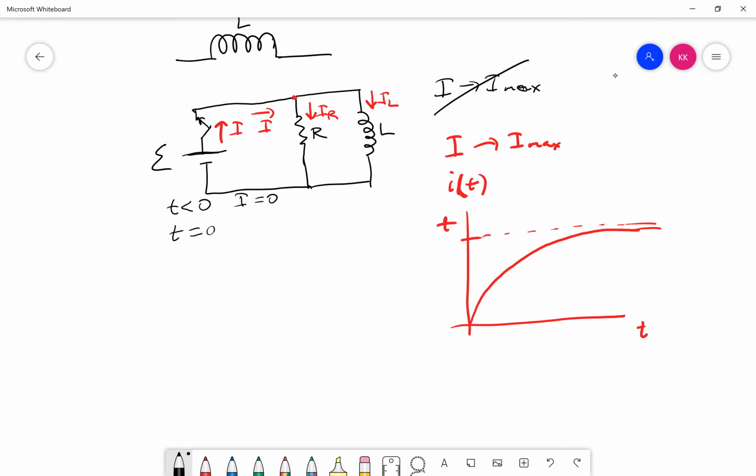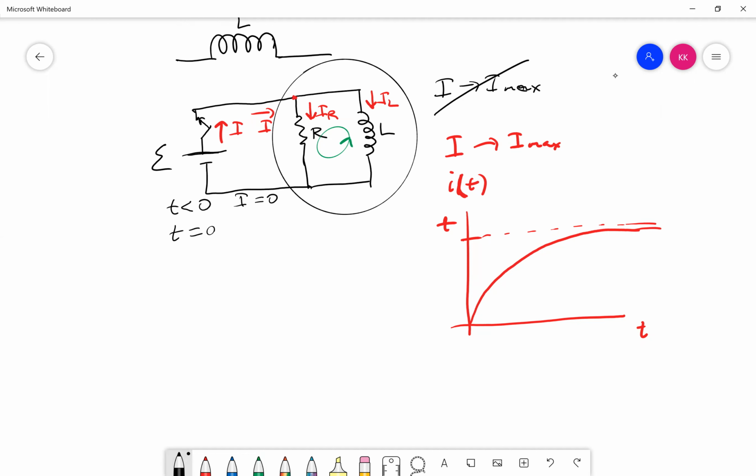Okay, now think like this. If I look at this particular loop, I can see that I have two devices, a resistor and an inductor, and both of them have a downward current. So using Kirchhoff's rules, I have a loop rule where I would take a counterclockwise loop and use that to derive the equation for the potential difference for those devices.